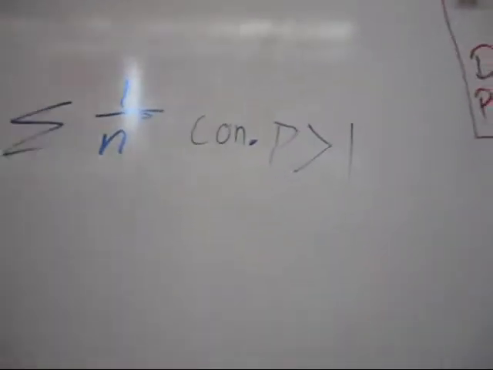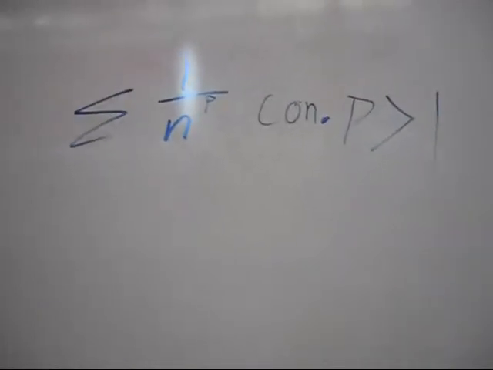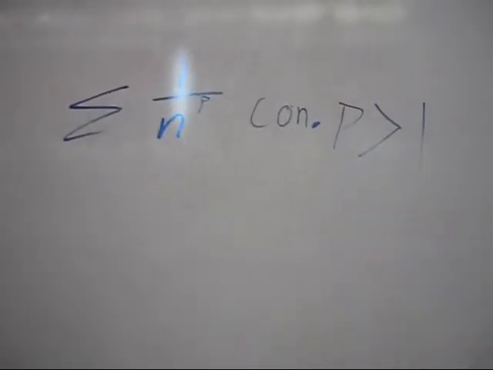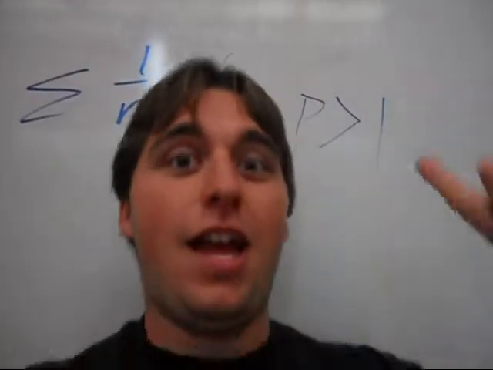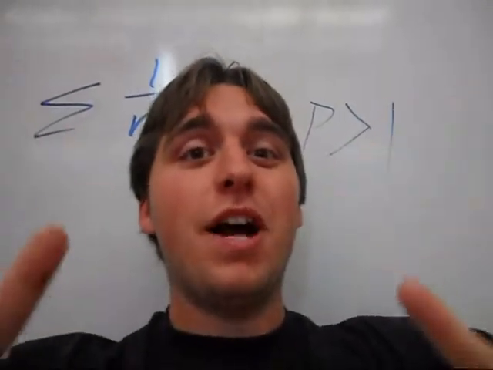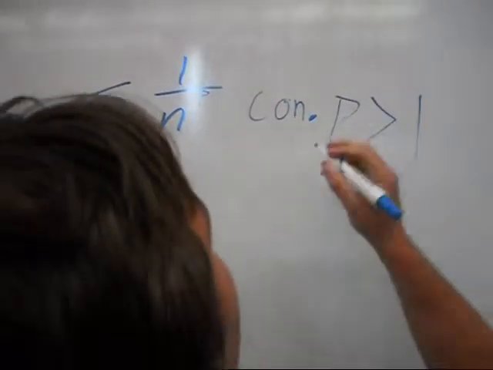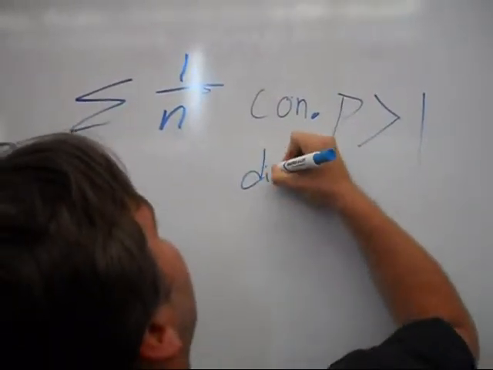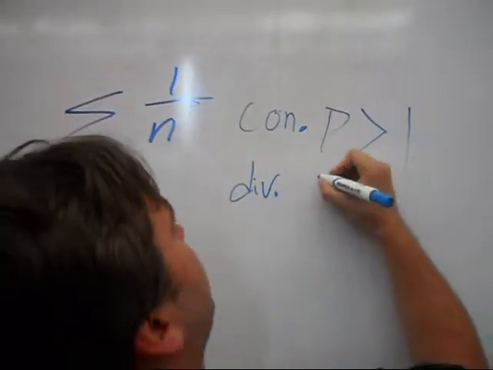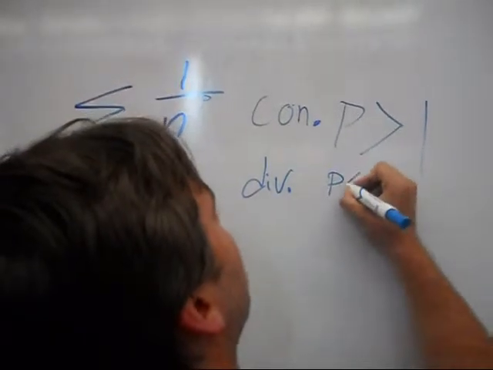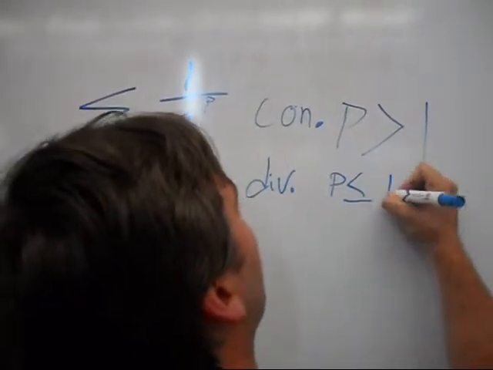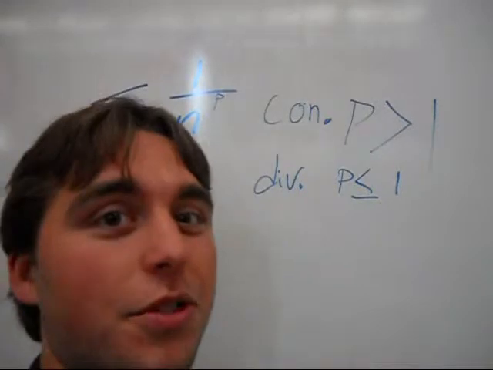And that's a P-series. But wait, there's more. There's also divergence. It diverges when p is less than or equal to 1. You want some examples, kids?